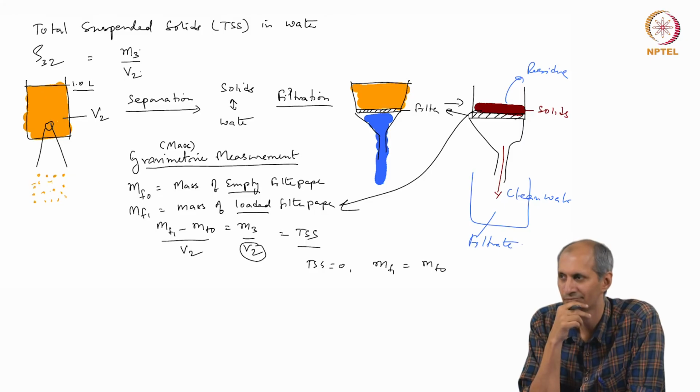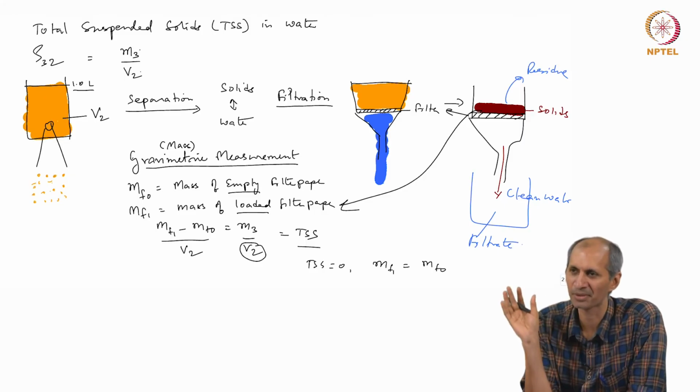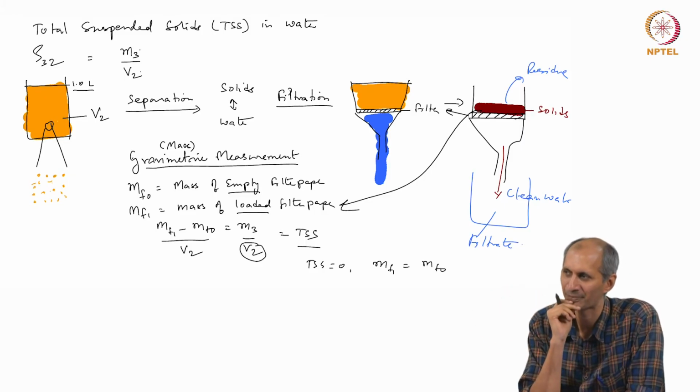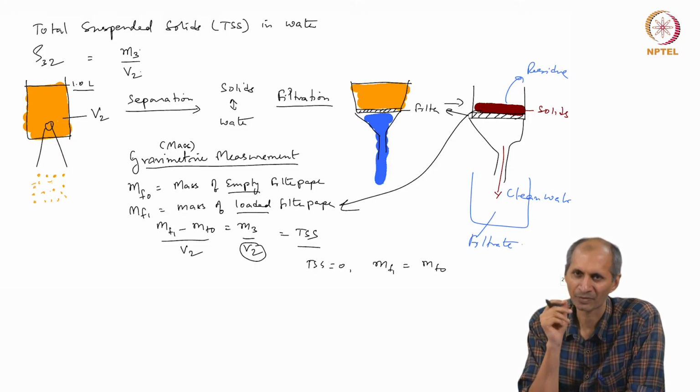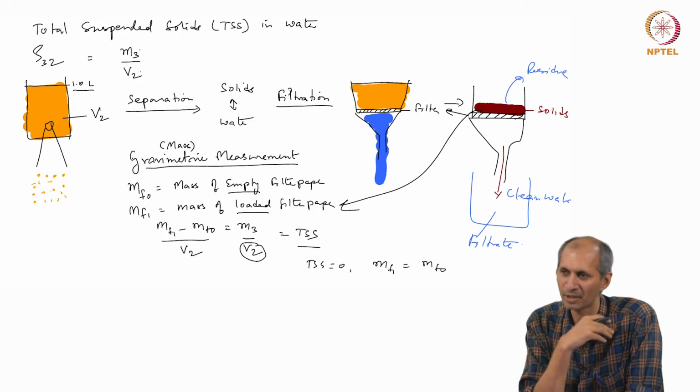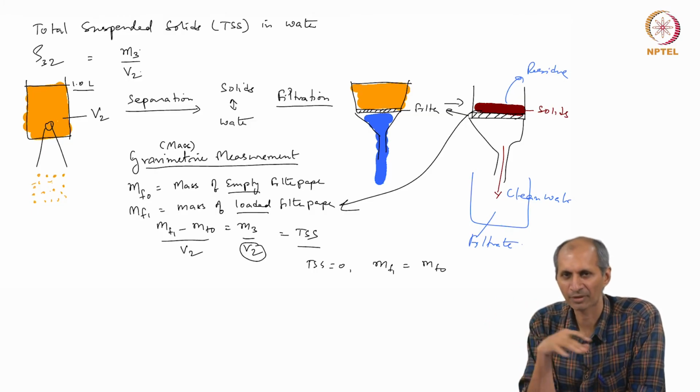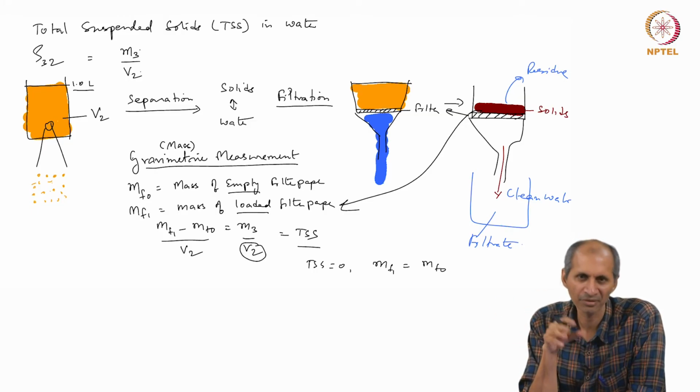We are only talking about suspended solids. There can be particles which are smaller than the diameter of the filter. That is one possibility, that the filter has not trapped all the particles, that they have gone through. Let us relax that assumption. Let us say the filter is the best filter you can get for all particles that you can think of, and it will stop them.